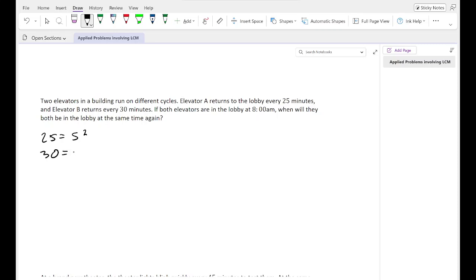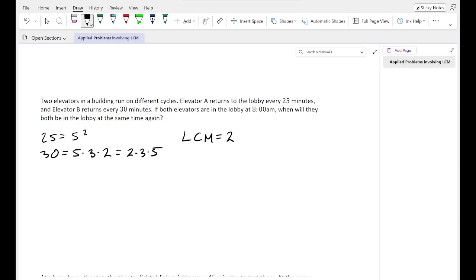30 is not too bad. That's just 5 times 6, but 6 can be broken down, so we can say 3 times 2. So put them in order, 2 times 3 times 5. So if I find my LCM, I can see that I have 1 two here and no 2's there, so I want the greatest amount, so it's a 2.